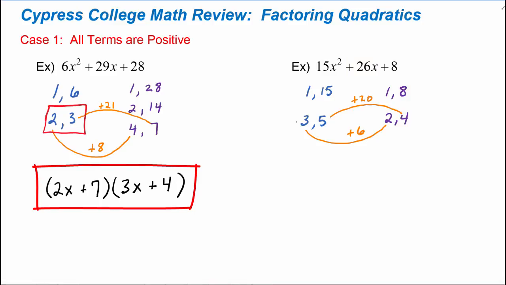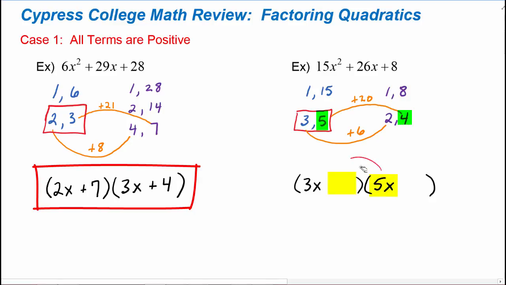So once again, we take the first two factors, and they're going to give us the coefficients of the x terms. So we get 3x and 5x, and then we see whoever those factors are tied to. Because the 5 is tied to the 4, we have to make the 5 tied to the 4 down here.